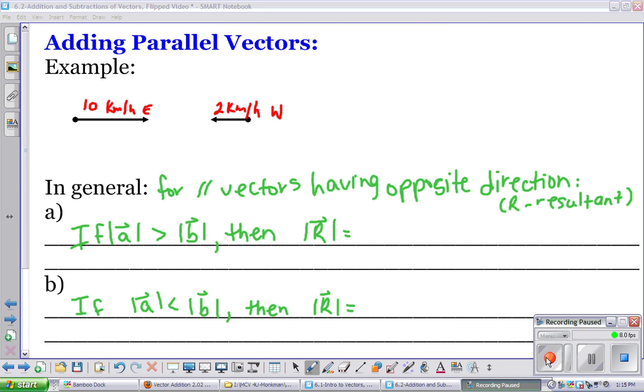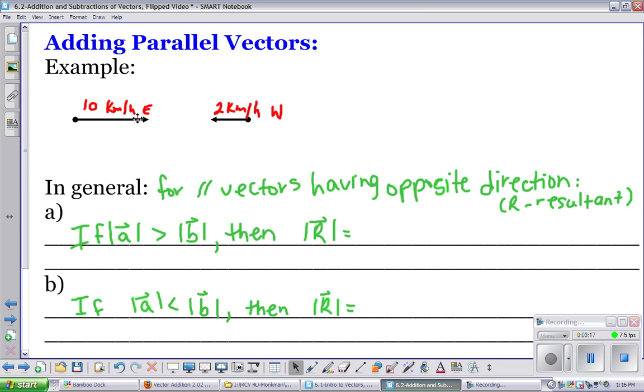All right, so now if we're going to add parallel vectors, let me switch to this. So we have this vector here, and we have this vector here, where the first one is 10 kilometers per hour east, and the next one is 2 kilometers per hour west. So these are parallel vectors, but they are opposite directions.